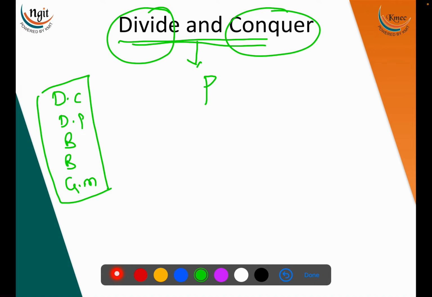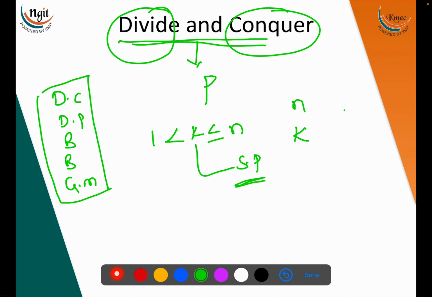Now let us assume that given a function to compute on n inputs, the divide and conquer strategy suggests splitting the inputs into k distinct subsets, where k lies between 1 and n, yielding k subproblems. These subproblems must be solved, and then a method must be found to combine the subsolutions into a solution of the whole.